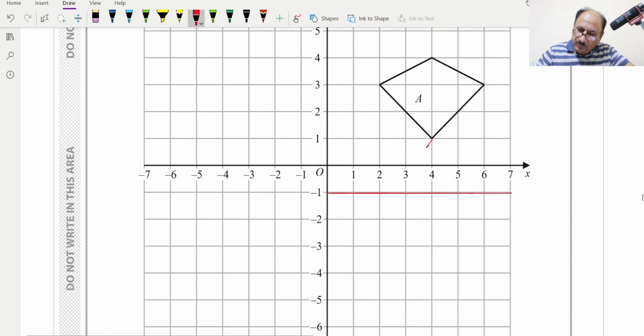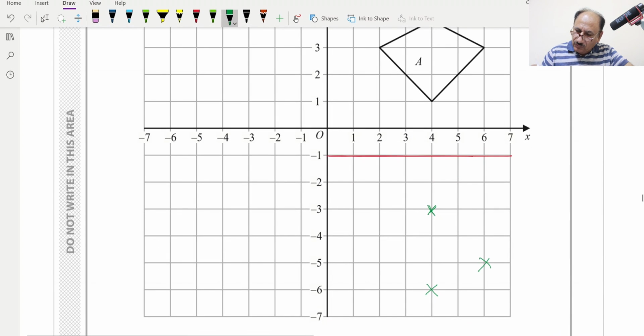For reflection we check the distance from the line, so this is 2 units, so 2 units from the same line will be over here, and then 1 2 3 further, 1 2 3, so the next mark will be this one, and next will be over here and here, so this will be the kite which we can draw over here.